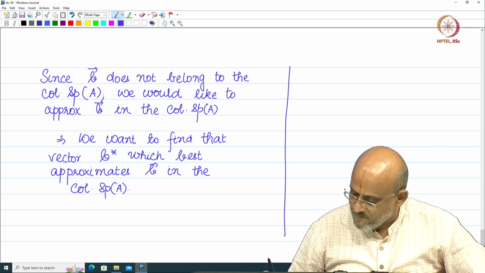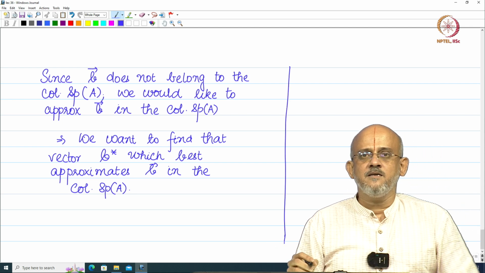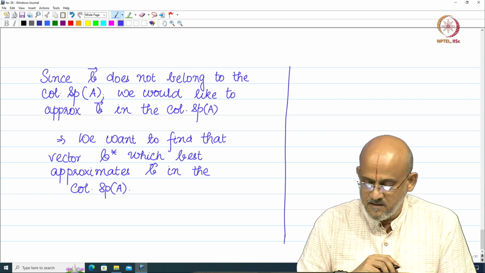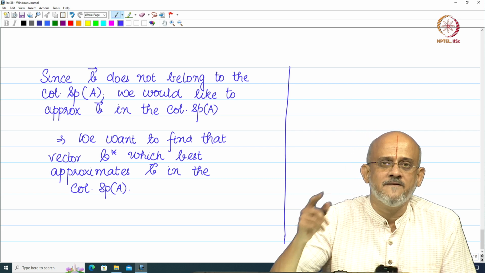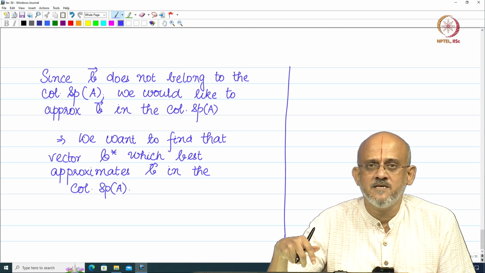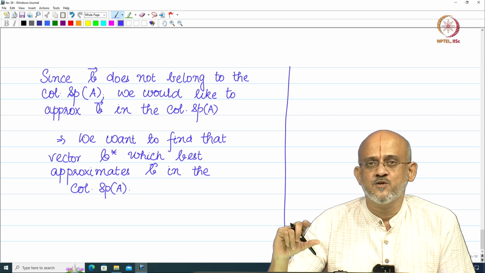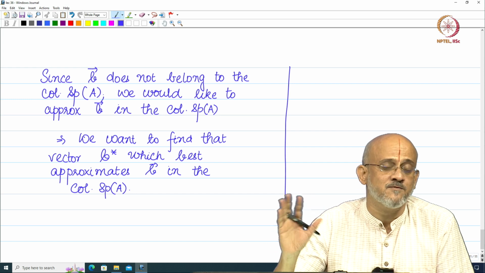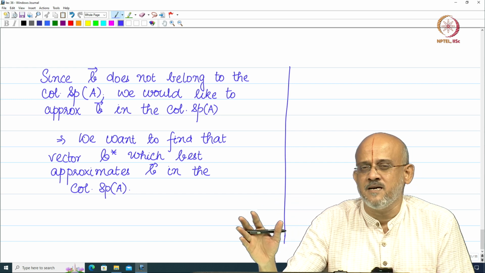When we say we want to find the best approximation of B in the column space of A, what are we trying to say? That means the difference between the vector B and the approximation that you have, the squared error, must be as small as possible. That is what we call the idea of least squares solution.